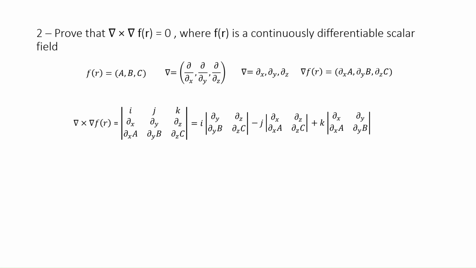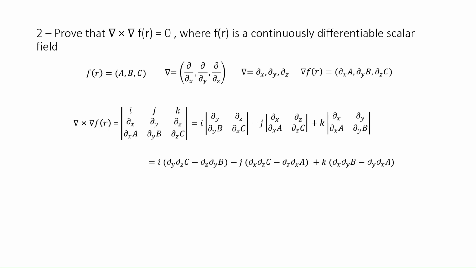Now these determinants are formulated like this, where you have dy, dz, c minus dz, dy, b, and again the same things for all of them. You'll notice that in each of the brackets you have the same two directions of differentiation, just in different orders. So in the first one we have dy dz c minus dz dy b.